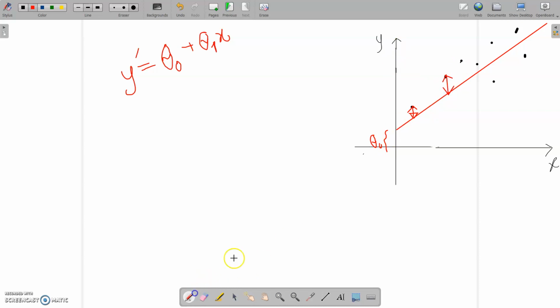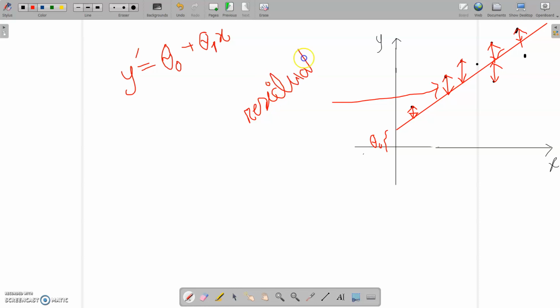From each point, however many points you have, let's draw a line. This length, this portion, is what we call residuals.